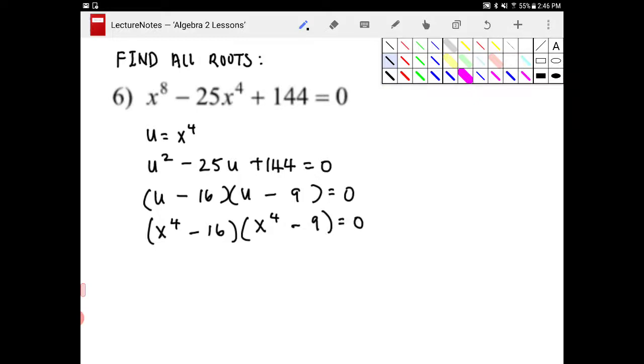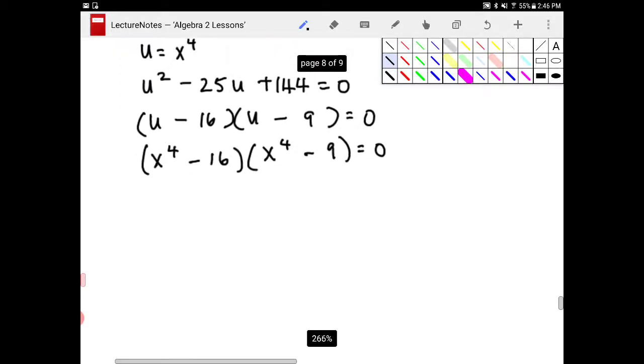Don't forget, that's what the original equation was. We manipulated the situation to make it look like a quadratic equation. And right now, we can continue further with that process and factor even further.